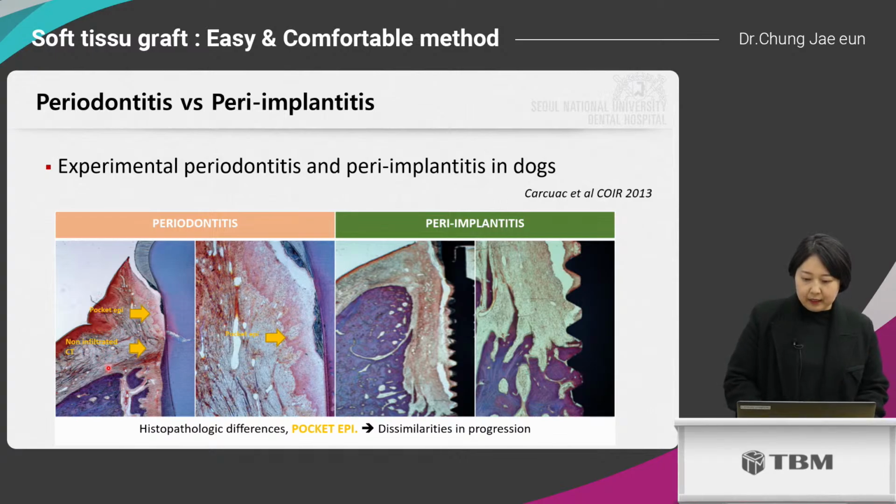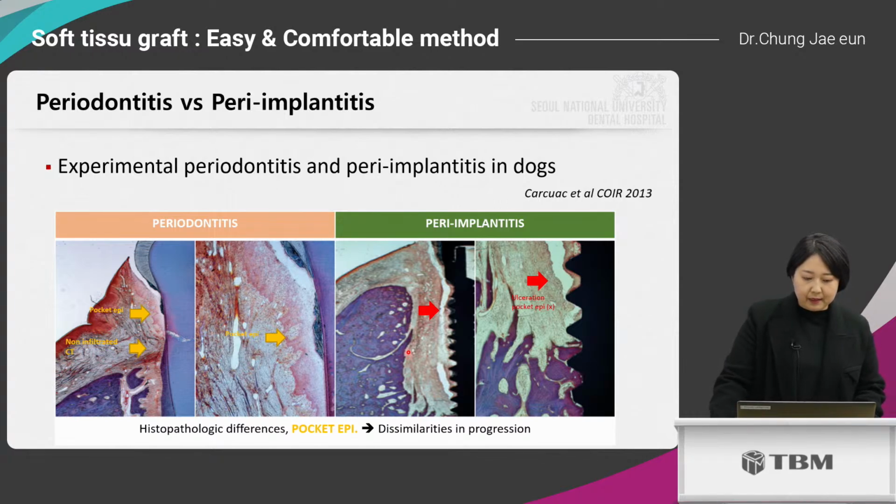And the biofilm attached to the tooth is separated from the connective tissue by the pocket epithelium. But unlike periodontitis, in peri-implant site, there is no pocket epithelium. The epithelium is ulcerated and the local factor attached to the implant surface is directly exposed to the connective tissue. So bone crest shows much more severe bone resorption here.